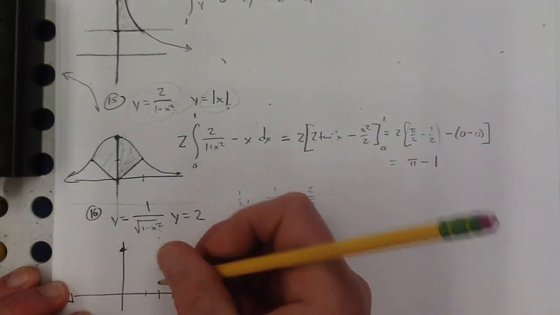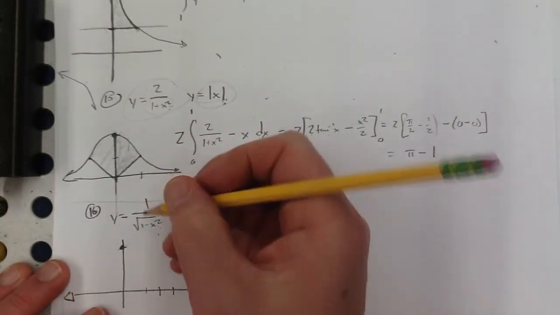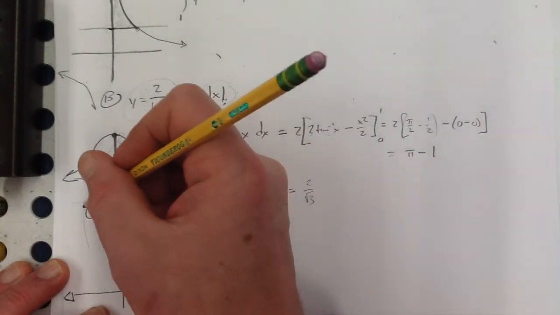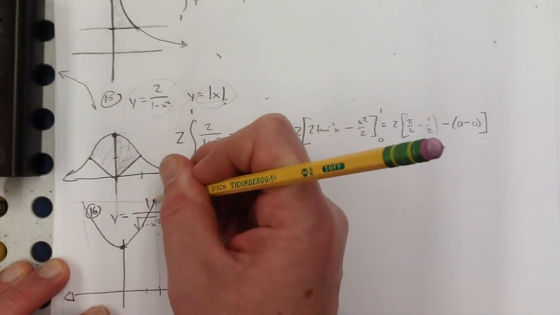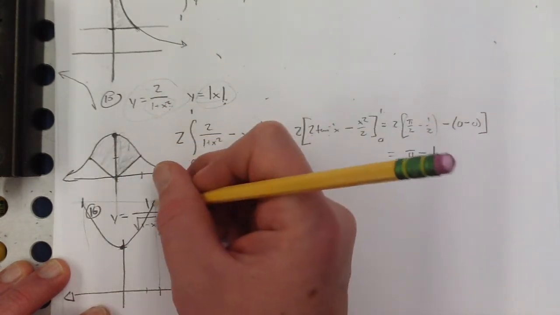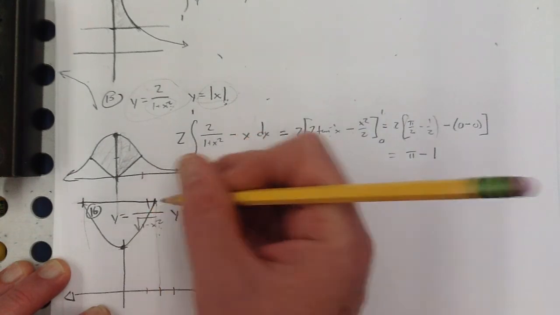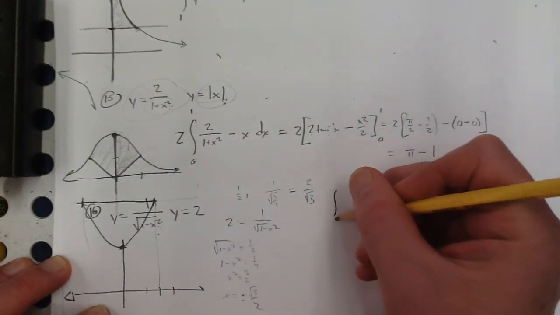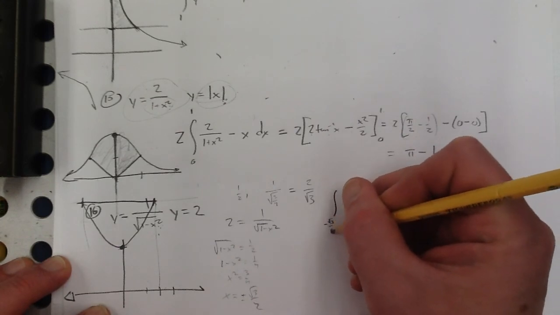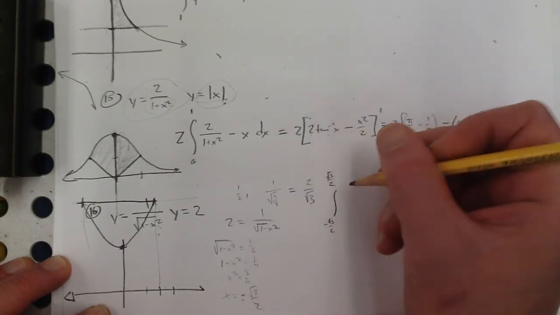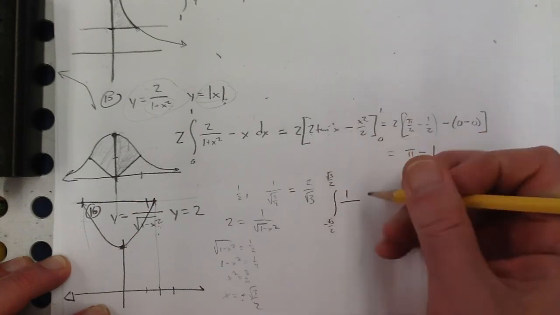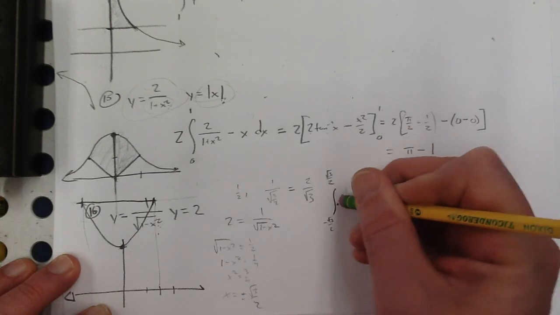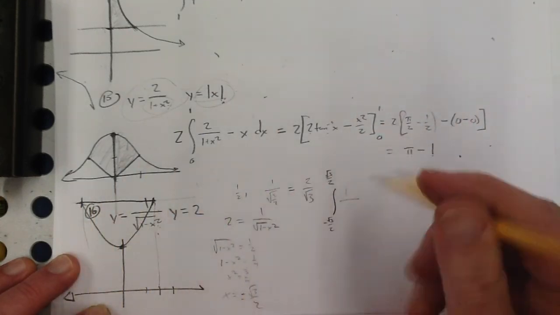Okay? So whatever this looks like, those are the intersection points. So I need to go from the integral from negative square root of 3 over 2 to positive square root of 3 over 2 of, what's on top is the 2, right?